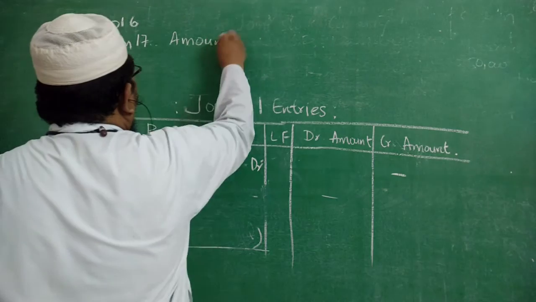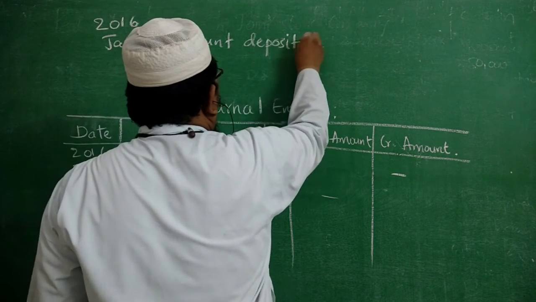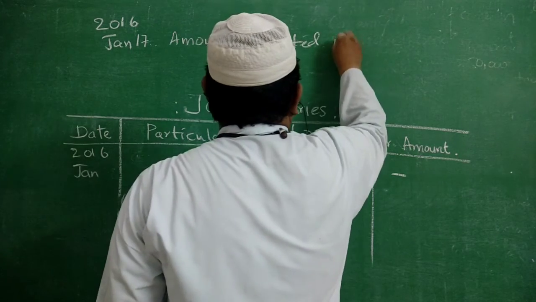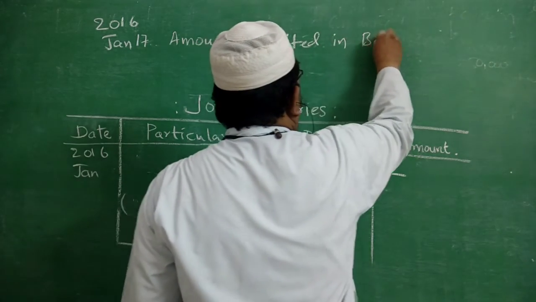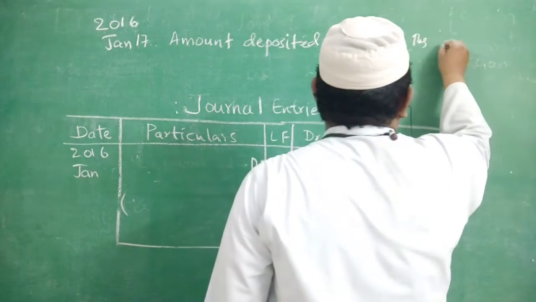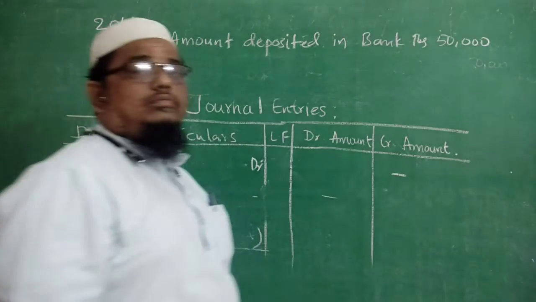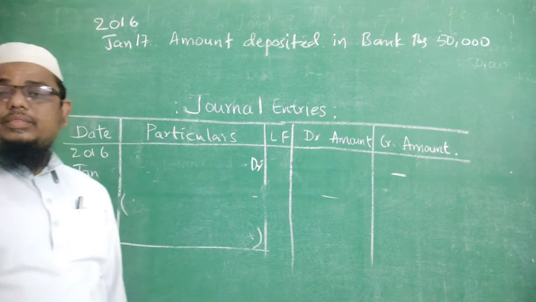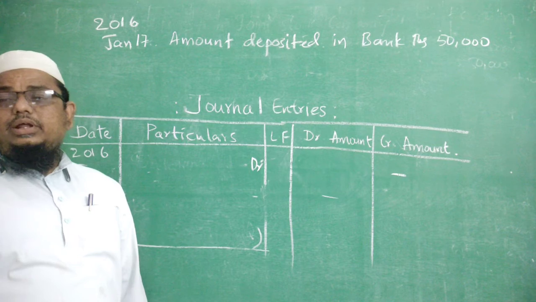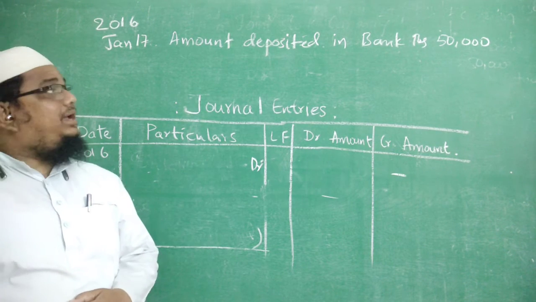Next transaction is January 17. Amount deposited in bank, rupees 50,000. Okay. The owner has deposited 50,000 in bank account.